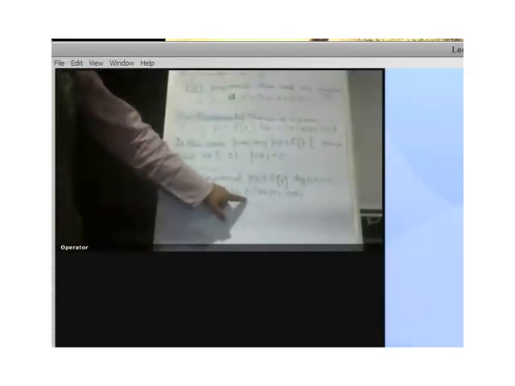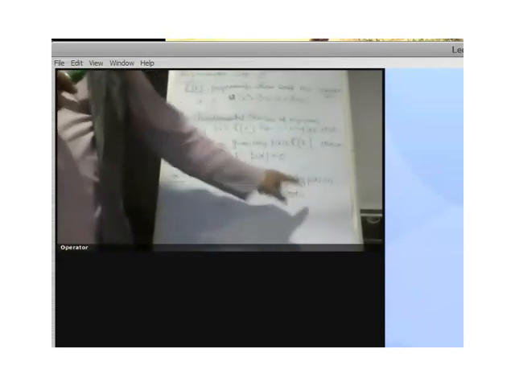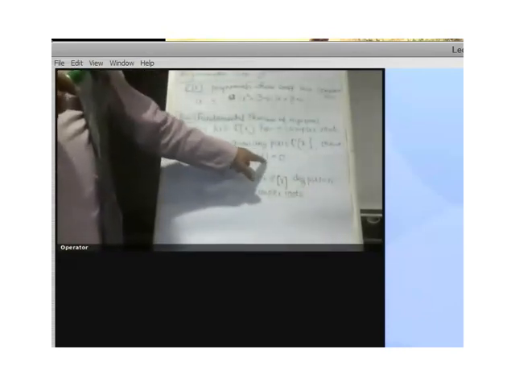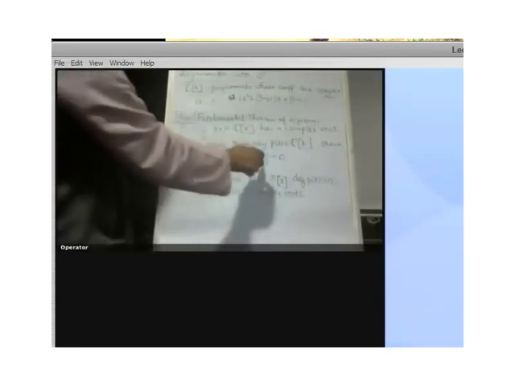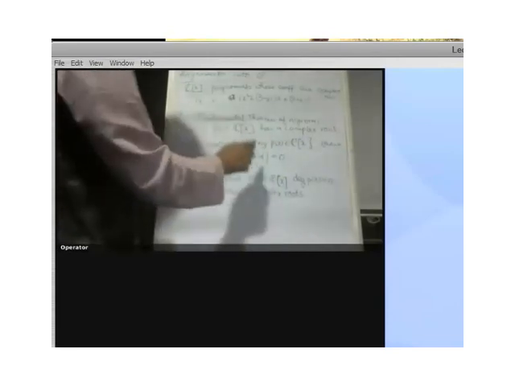Can I please ask what exactly is a complex root? Complex roots are n complex numbers which satisfy this. Alpha is a complex number. So such an alpha is often called a complex root.